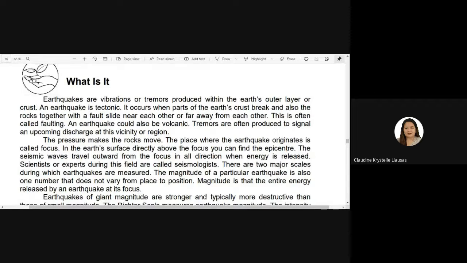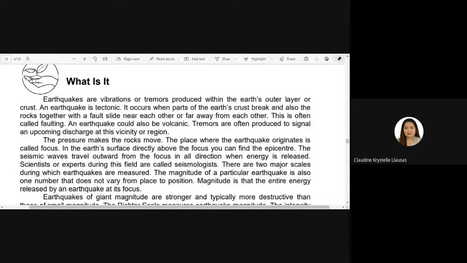Ingon ta nga ang epicenter kay naa sa specific nga lugar. For example, a 5.6 magnitude earthquake occurred last December 3, 2021 at 5 o'clock a.m. Example ra na siya ha. The epicenter is at Davao City or 25 kilometers east of Davao City. Ingon na ang epicenter. Pero ang focus naa sa lalom.